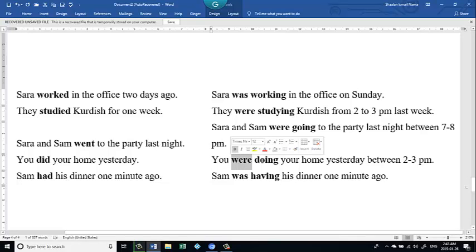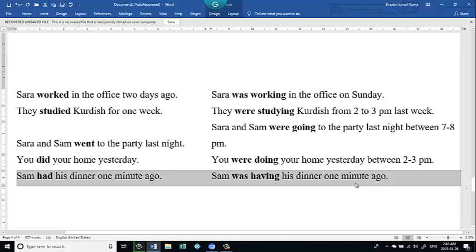Then now it's okay to make it ing form. Same thing here. Sam had his dinner 1 minute ago. Then we know it happened in the past. Then here same thing, because this is not an auxiliary verb, this is possessive. Sam was having his dinner 1 minute ago.